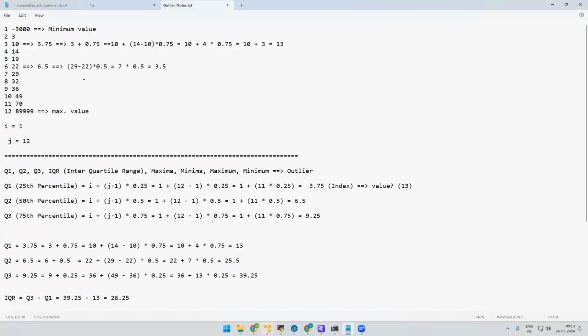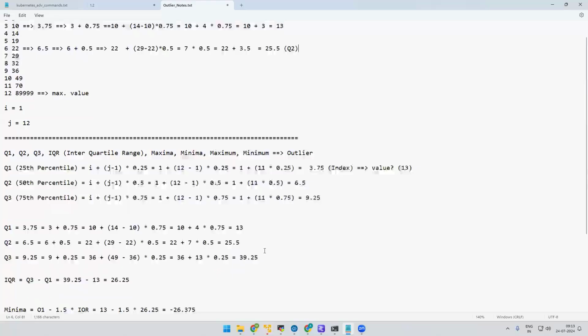We can write 6.5 like 6 plus 0.5. The value at 6 is 22, plus 3.5, so 3.5 added to 22 is 25.5. That is Q2. So you can see 25.5.